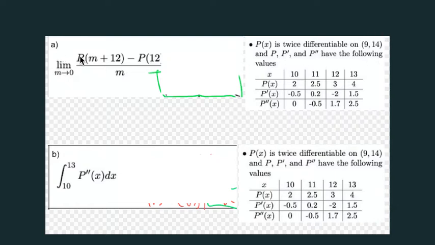Limit as m approaches 0, p at m plus 12 minus p at 12. Well, what does that look like?